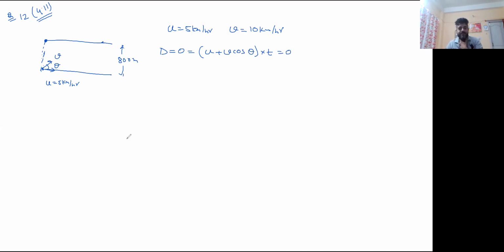Time is never 0, so I can write u plus v cos theta is 0, so v cos theta is minus u, cos theta is minus u by v. U is 5, v is 10, that is 1/2. So cos theta is minus 1/2, theta is 120 degrees.